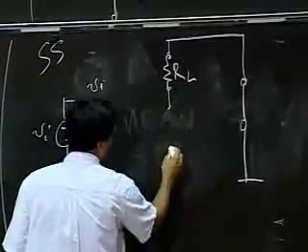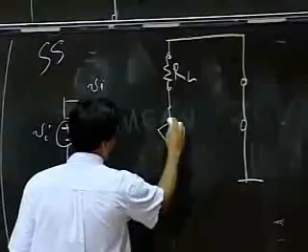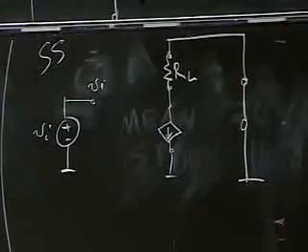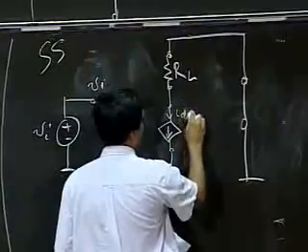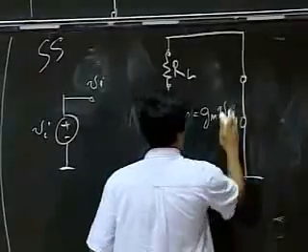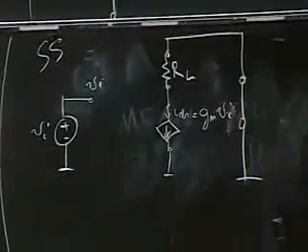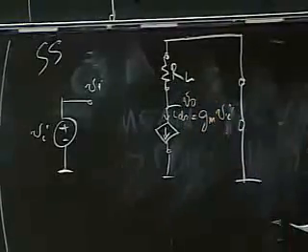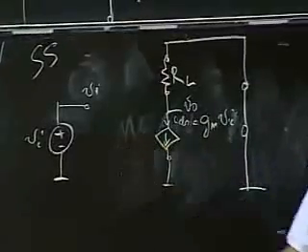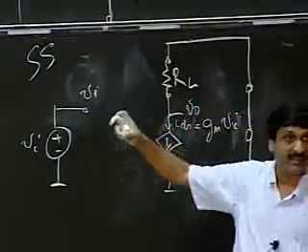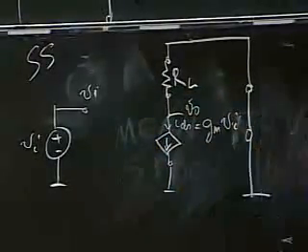And for the dependent source, we discovered that it was a linear dependent source, where small ids was given by gm vi. And remember, this was my small vo. So here you go. I have a small signal circuit here where I've created that by replacing each of the big elements by little rinky-dink elements.